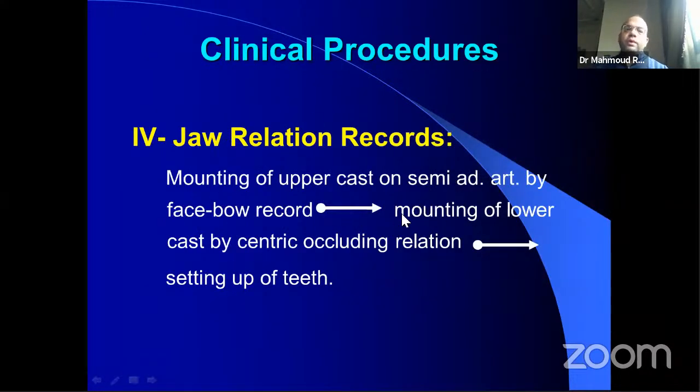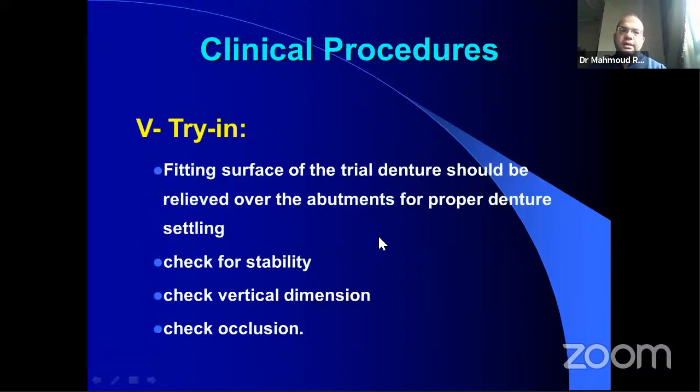The second step will be the jaw relation record, exactly like we made in complete denture. But we must ensure that the abutment teeth do not interfere with the proper support and proper vertical dimension we can make. The following step is try-in, also like complete denture. The fitting surface of the trial denture base should be relieved over the abutment for proper denture settling.